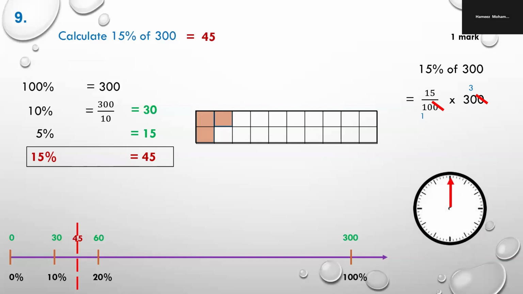We start at 0, and 1 quarter turn, or 1, is 15 minutes gone. 2 quarter turns is 2 15s, which is 30. And our question is 3 quarter turns, which is 45. So we've gotten our answer. 15% of 300 is 45. And just to show you our 15 times table, 4 quarter turns is 60. So we know our answer here. There are 3 different ways to solve this question.